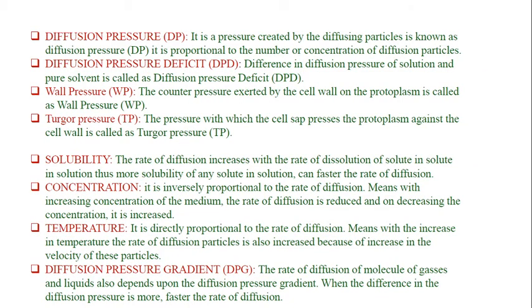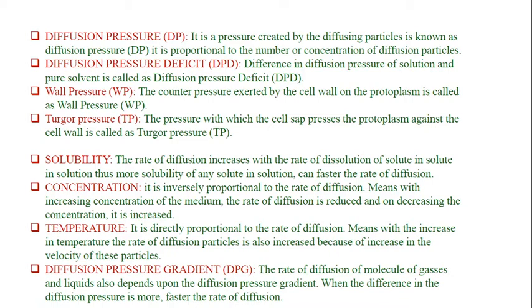When diffusion is going on, due to the higher concentration, particles can create a pressure. It is a pressure created by the diffusing particles, that is, particles which are going to be inserted into the walls of a lower concentration. So it is known as diffusion pressure. It is proportional to the number or concentration of the diffusing particles.